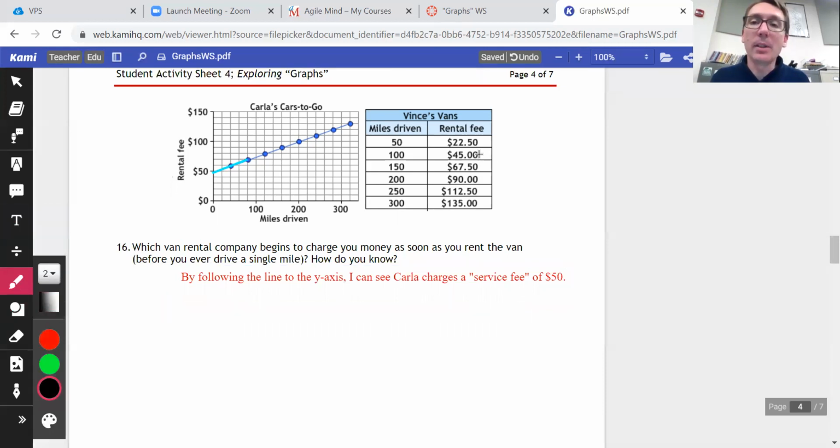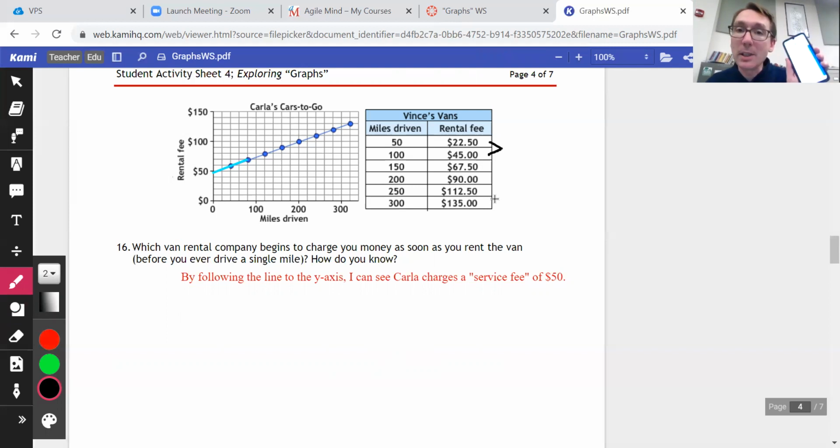I'm going to look at these two numbers. I'm going to ask myself, how far apart are they? How do I figure out how far apart they are? I can subtract one from the other. So 22.50 plus what makes 45? I'm going to subtract it right now. I'm going to take out my phone and my calculator and just go, what is 45 minus 22.5?